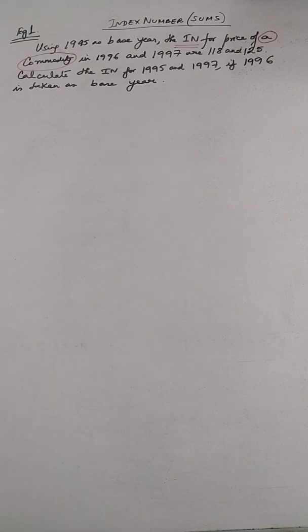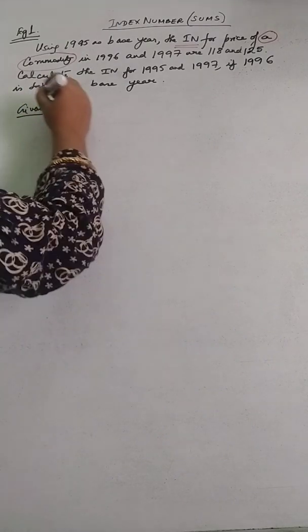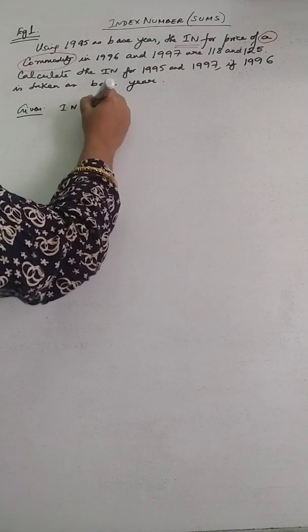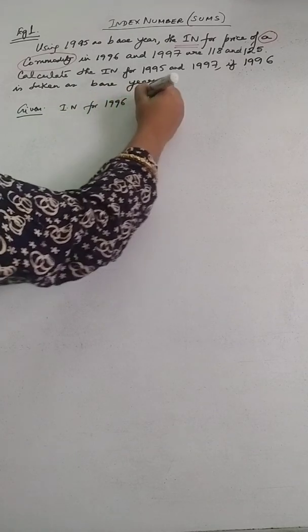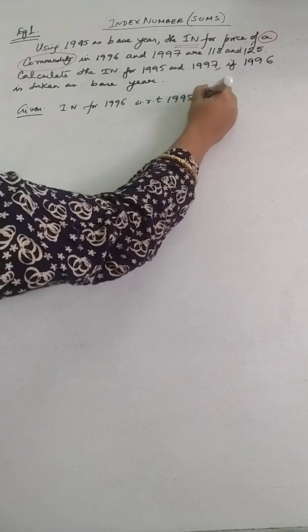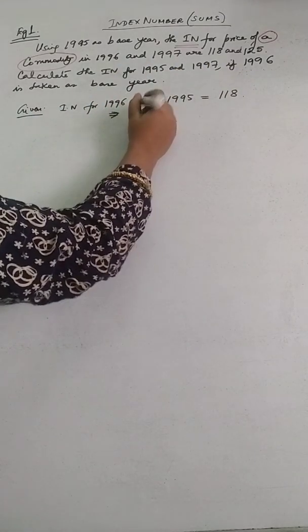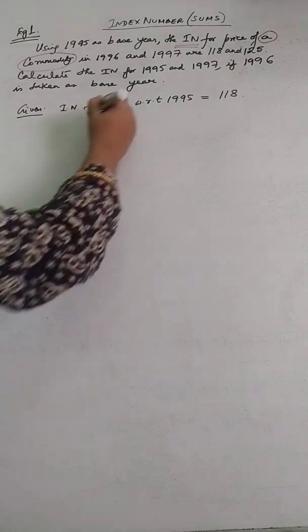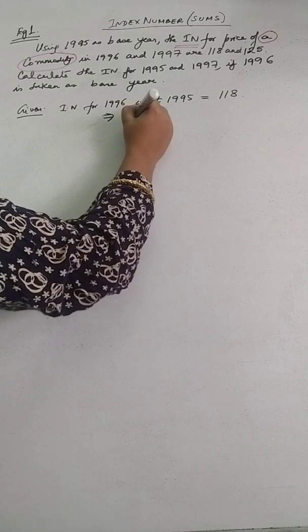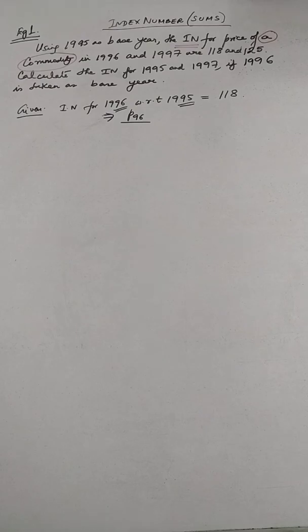Okay. So from the first sentence, given: index number for 1996 with respect to 1995 is given as 118. This means, according to the definition, price in the current year, PC by P0, into 100. This is your current year, that is your base year.